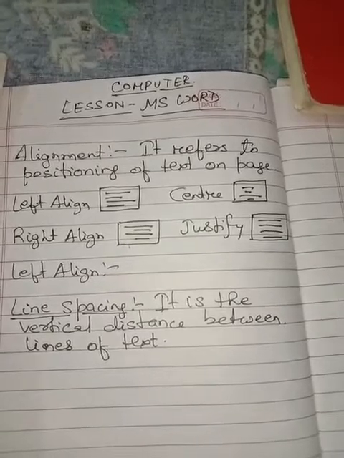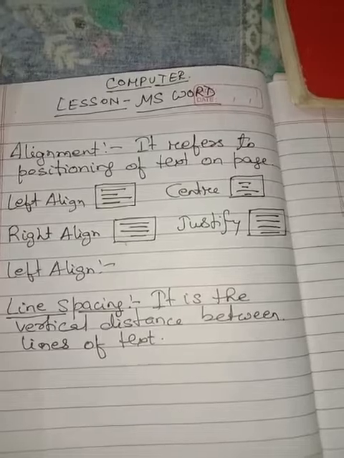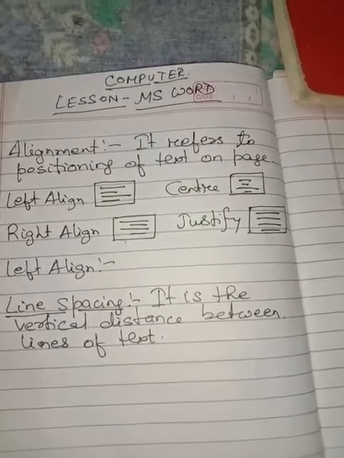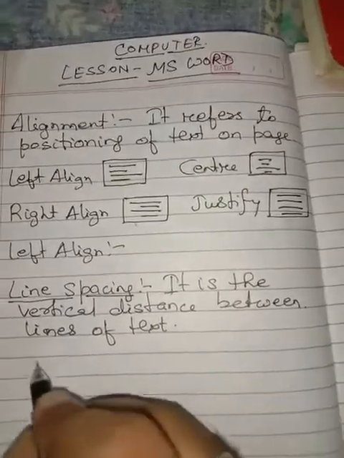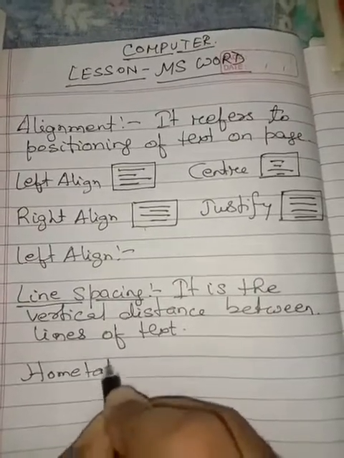First of all, select the paragraph in which you want to make the line spacing. Then move to the home tab.